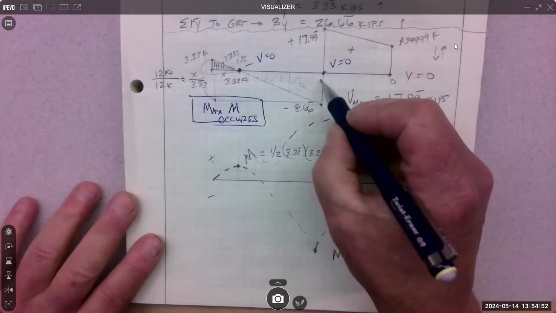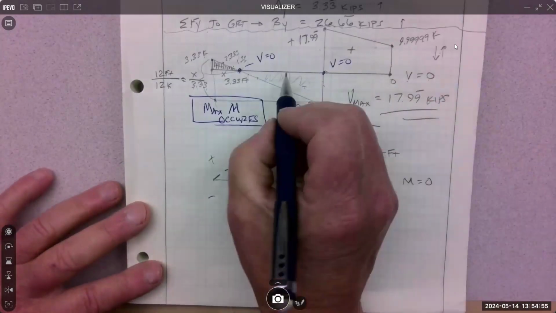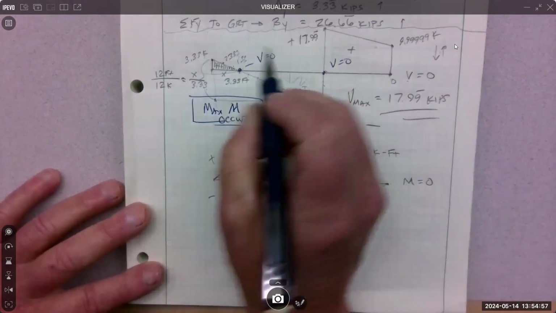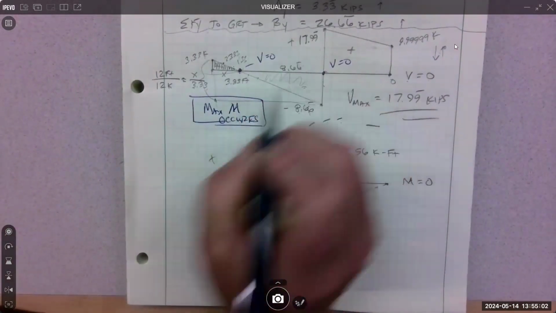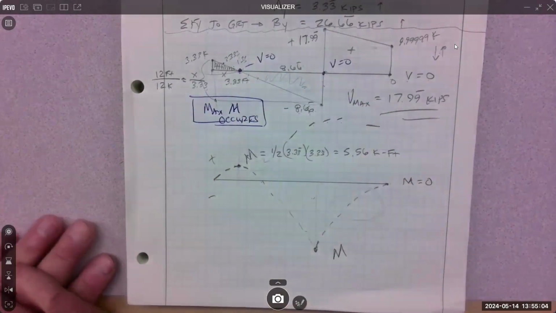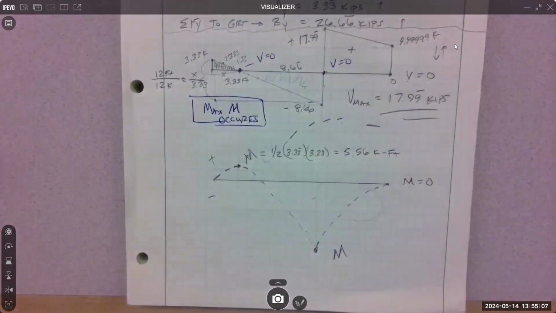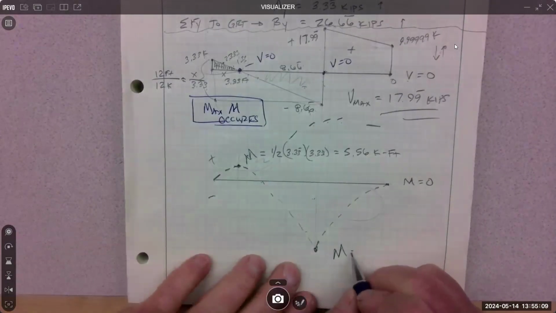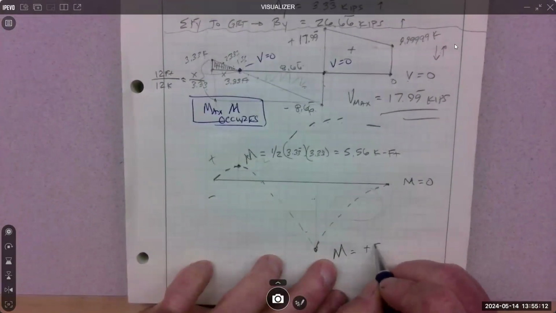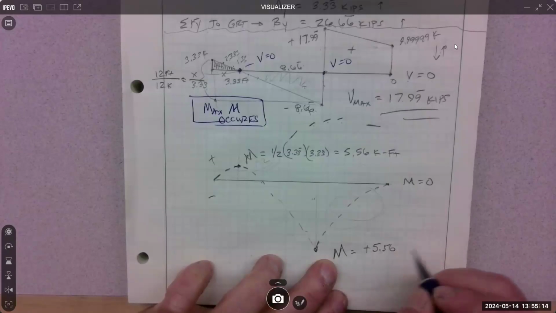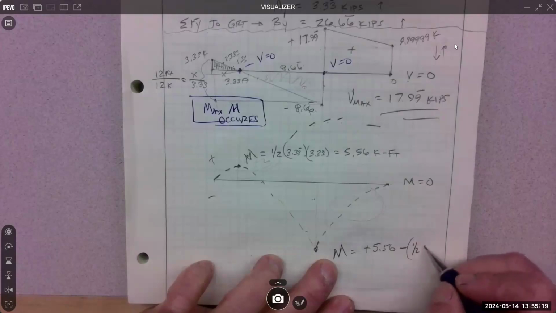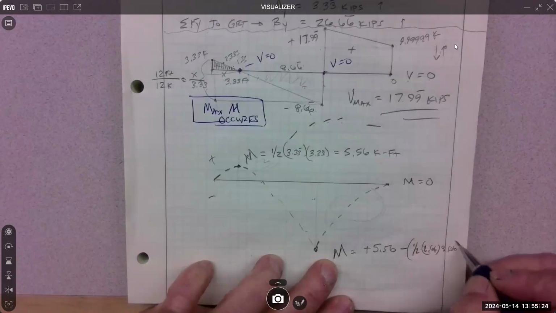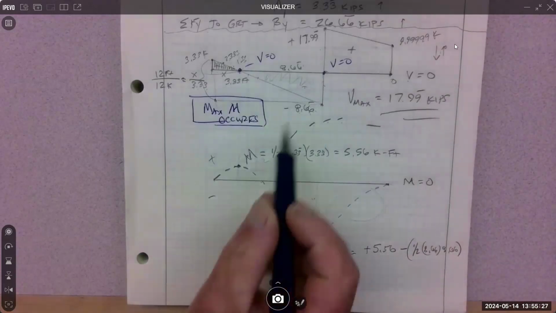We know it's 8.66 from here to here. So we have a positive 5.56, but then we minus one half of 8.66, this triangle.